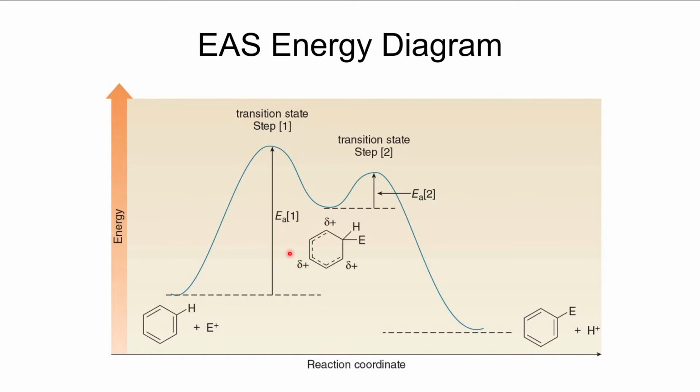One other thing before I move away from this page, one other thing I want to mention is that because the rate determining step is endothermic, that means, according to the Hammond postulate, and if you're not familiar with the Hammond postulate, go back and look at one of my other videos. According to the Hammond postulate, this transition state is going to more closely resemble the product of the step. In other words, the intermediate in this reaction.